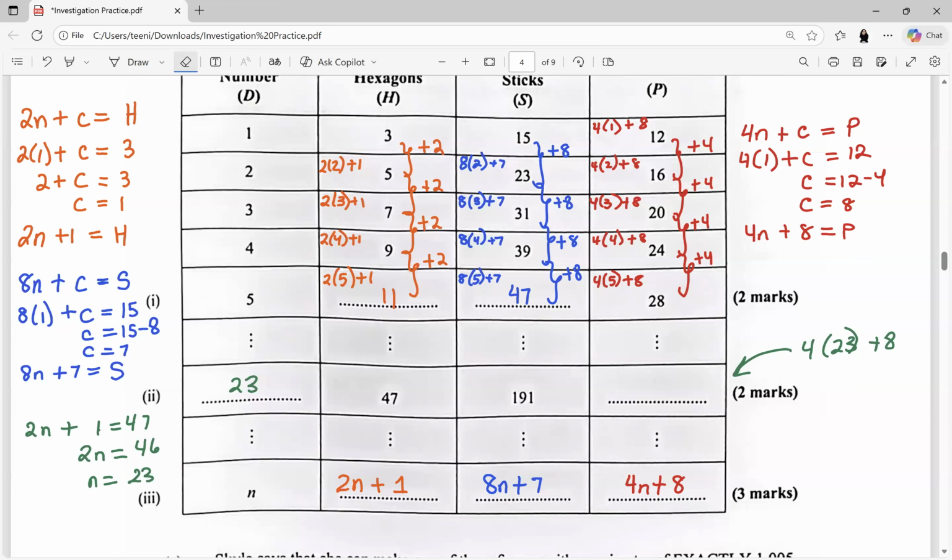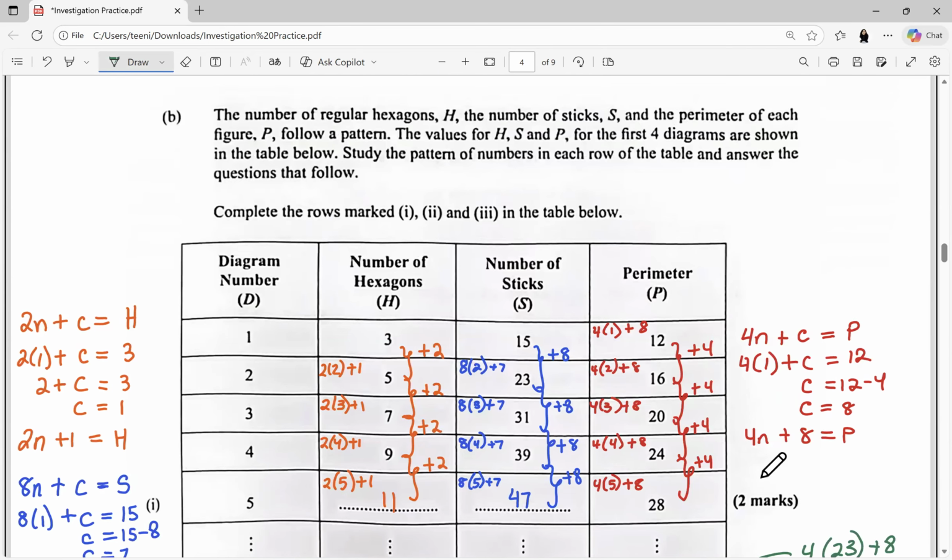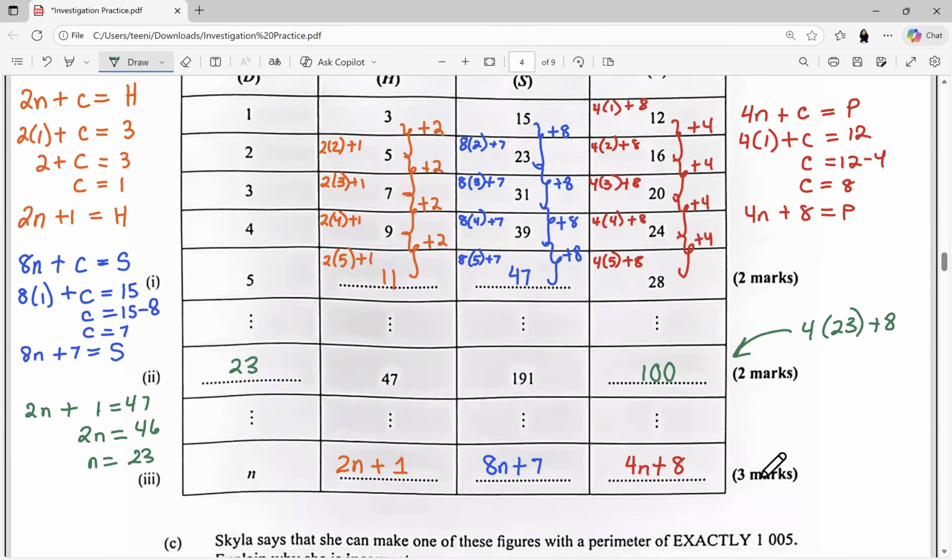So the parameter of the shape in the 23rd diagram is 100. There you go. So filling out the table, you got 2, 4, 7 marks. Wow. 7 marks for the table.